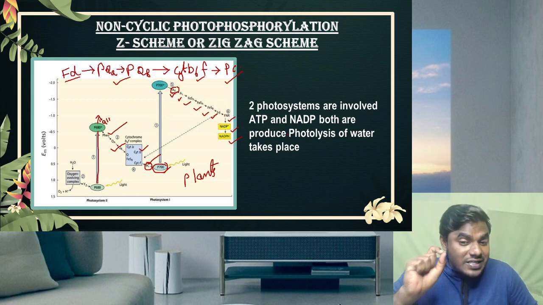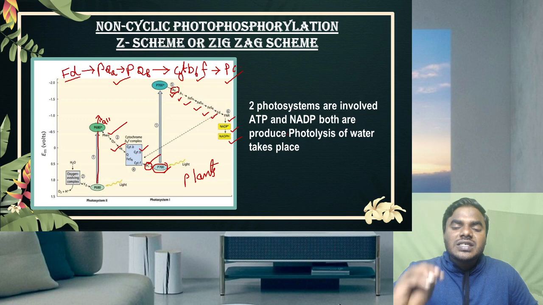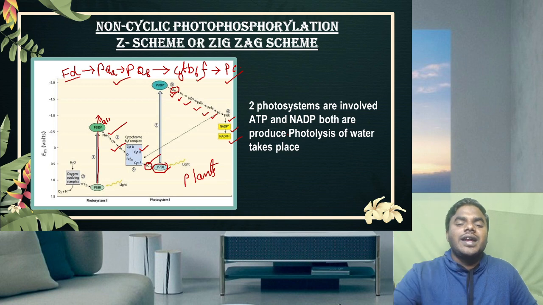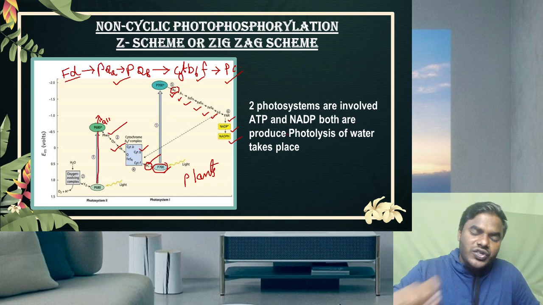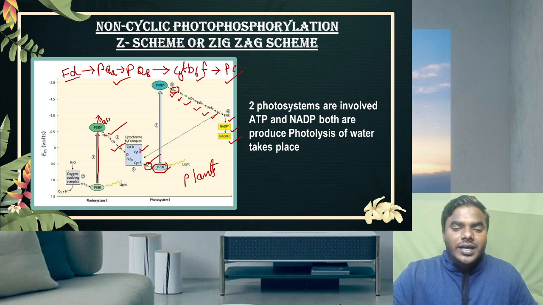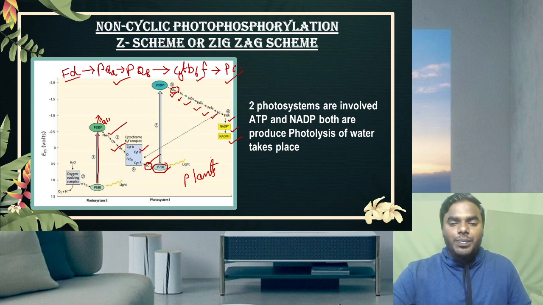Now next and very important question, most of the students will give a wrong answer. Listen to my question carefully: which is the last electron acceptor that is involved in the production of NADPH? Once again, listen to the question: which is the last electron acceptor that is involved in the production of NADPH?